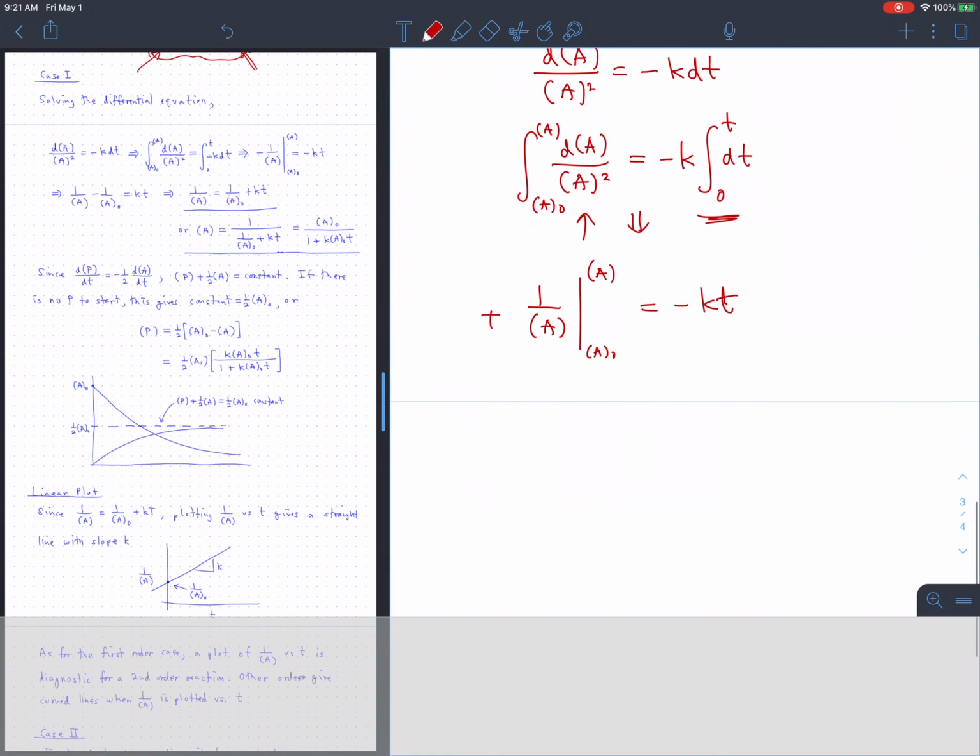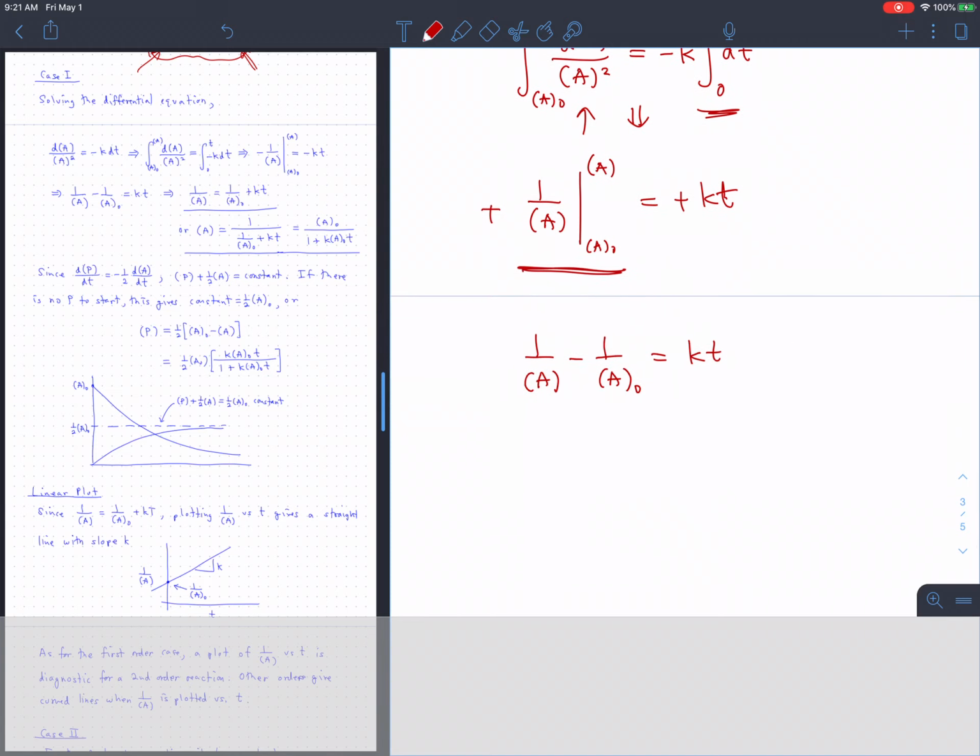The minus signs cancel, and plugging in the limits here, we get 1 over A minus 1 over A0 is equal to kt. Or, one of the more useful relationships, 1 over A is equal to 1 over A0 plus kt.